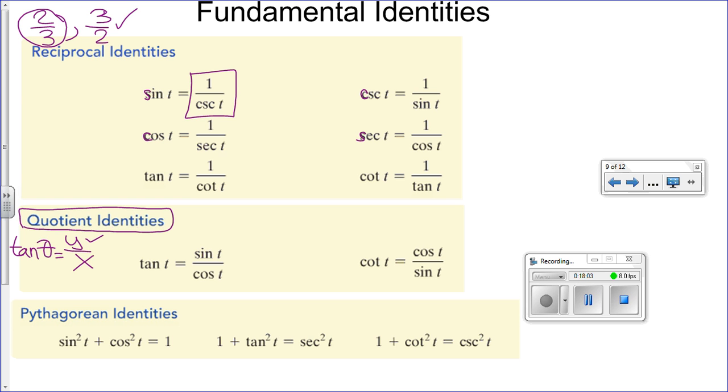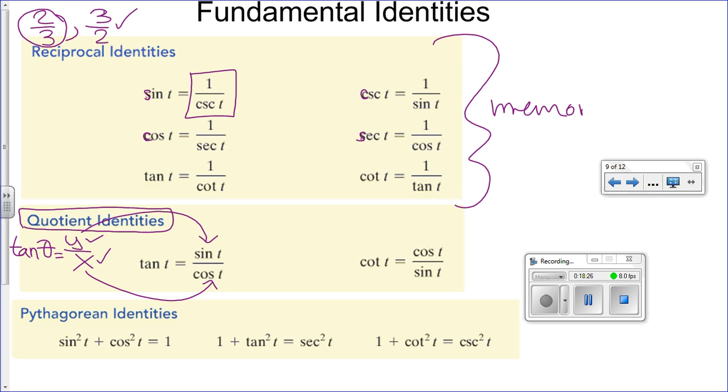Yes, sine is the y coordinate. And what is cosine? The x coordinate. So it makes sense that we replace the y coordinate with sine and the x coordinate with cosine. All right? So that is one of the quotient identities. Stuff in this box we need to memorize. Stuff in this box also memorize.